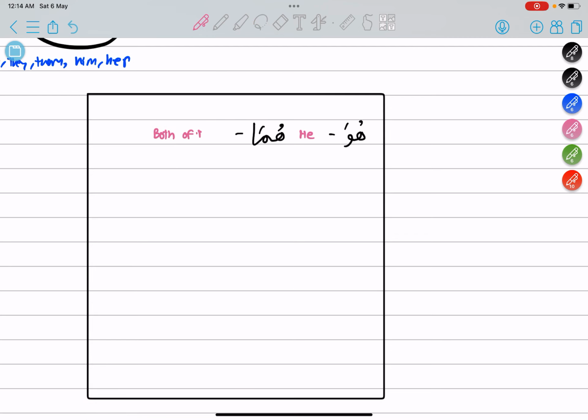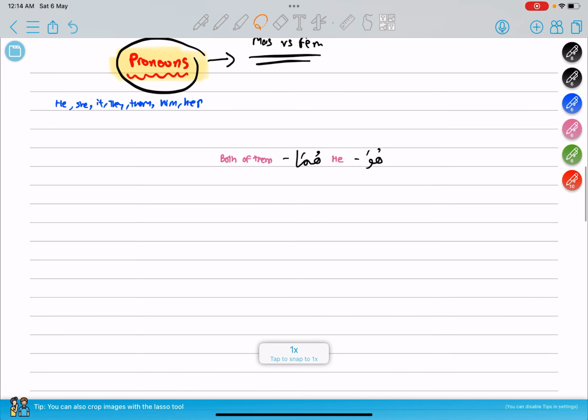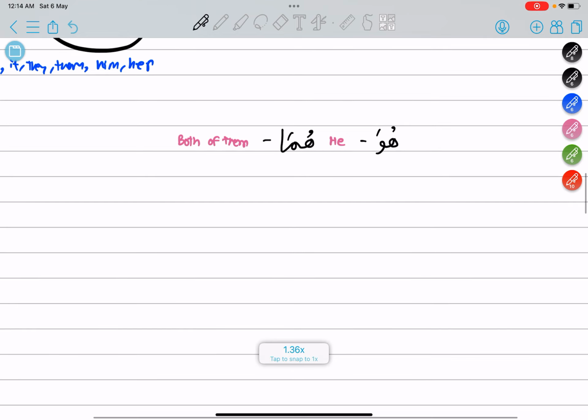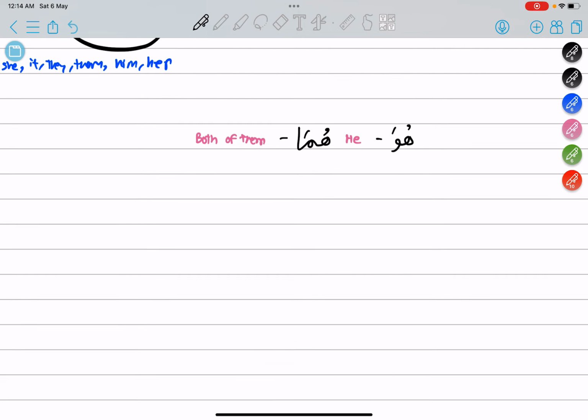Both of them, right? So if you see two people, two dudes, right, hanging out, if you want to indicate both of them, we're gonna say huma, right? Huma. I don't want to use examples right now. I don't want to make anything complicated. Just try to understand what they mean, and to whom do we indicate by using these words.